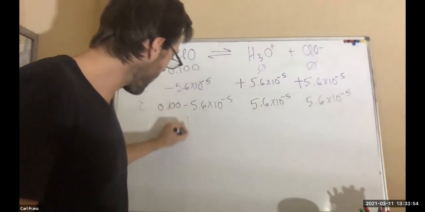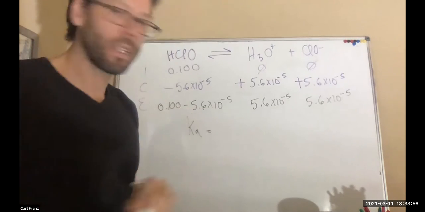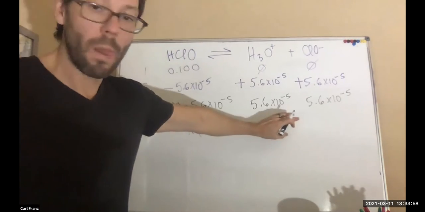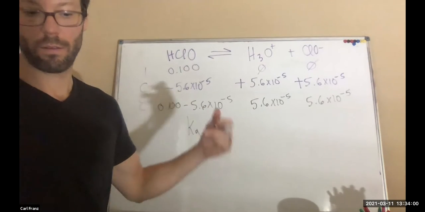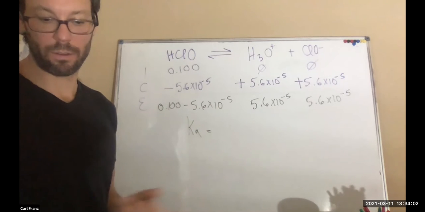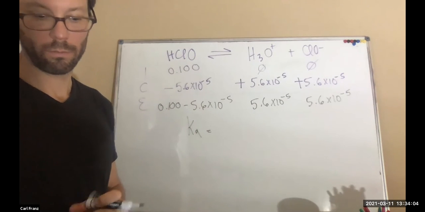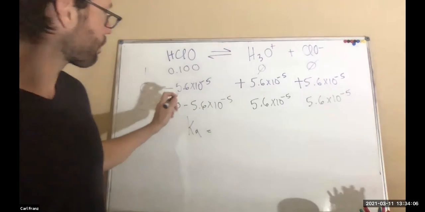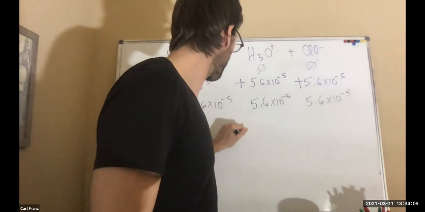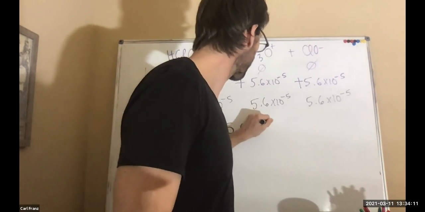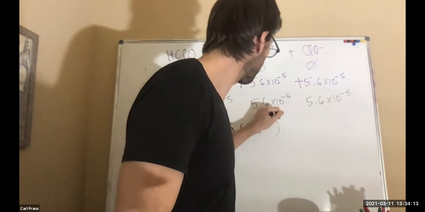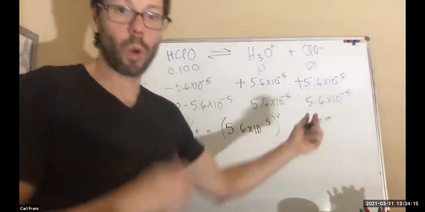They're asking for Ka. So we say what? Our Ka is equal to products over reactants. Now, that could be 5.6 times 10 to the negative 5 squared, or you could write it out twice.